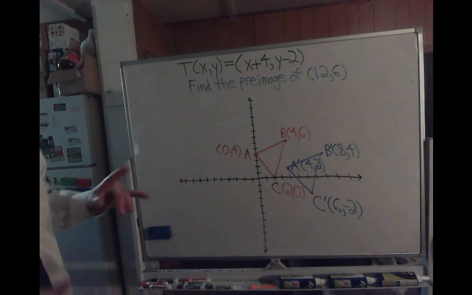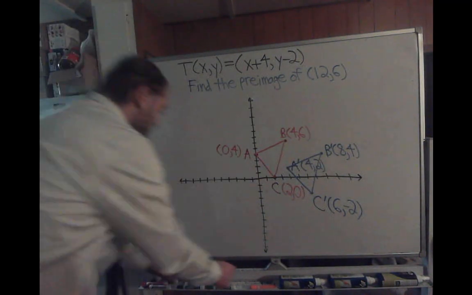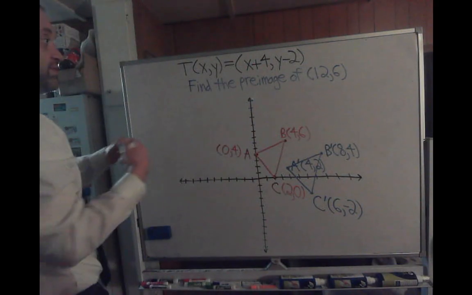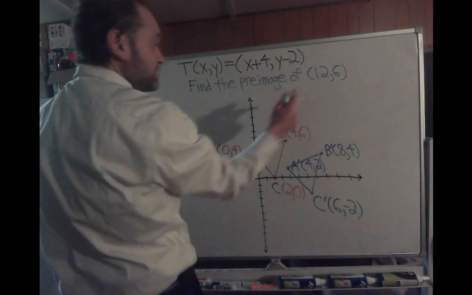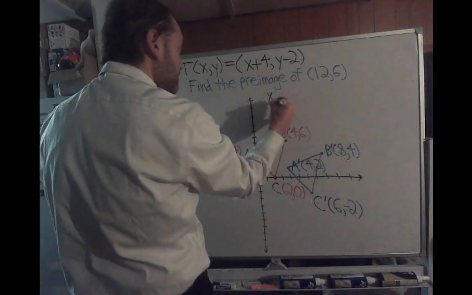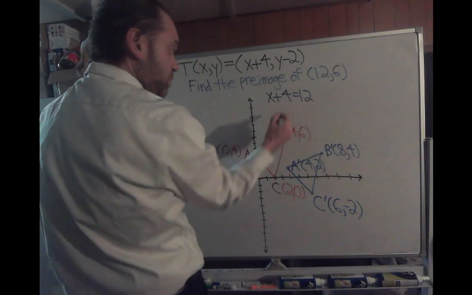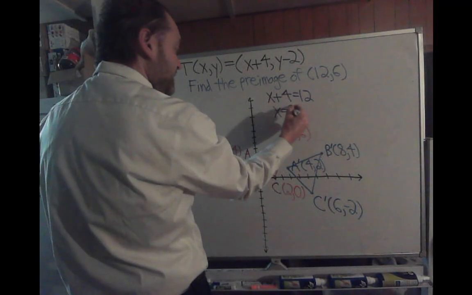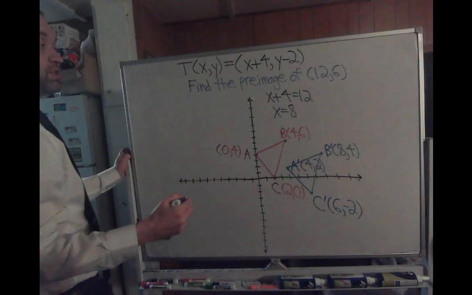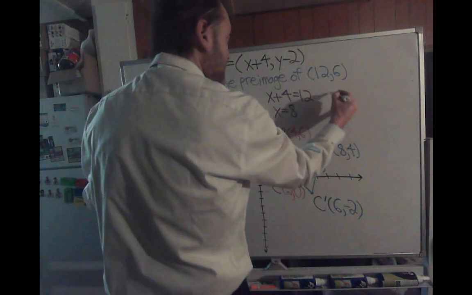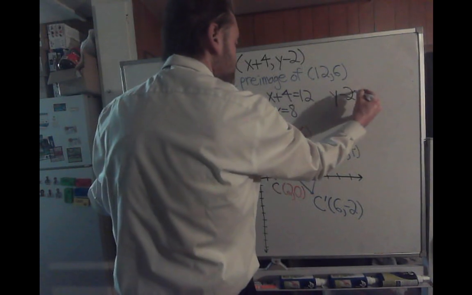To find the preimage, you're going to set each of these values of x, the x plus 4, equal to 12, which would of course give you that x equals 8, and then you would set the 6 equal to your y minus 2, so y minus 2 would equal 6.